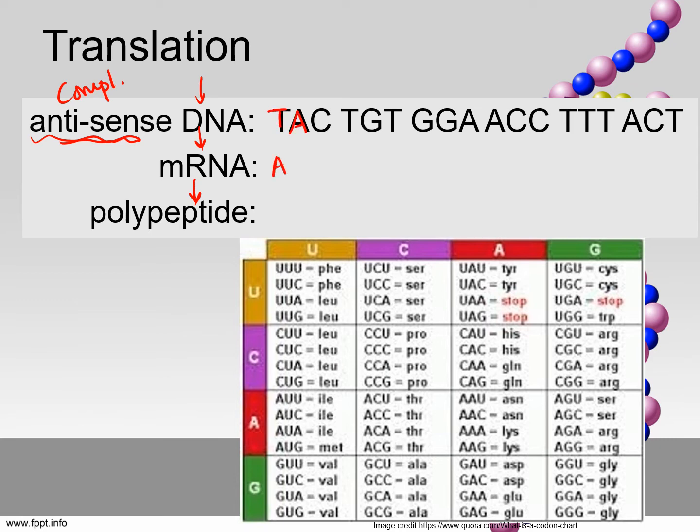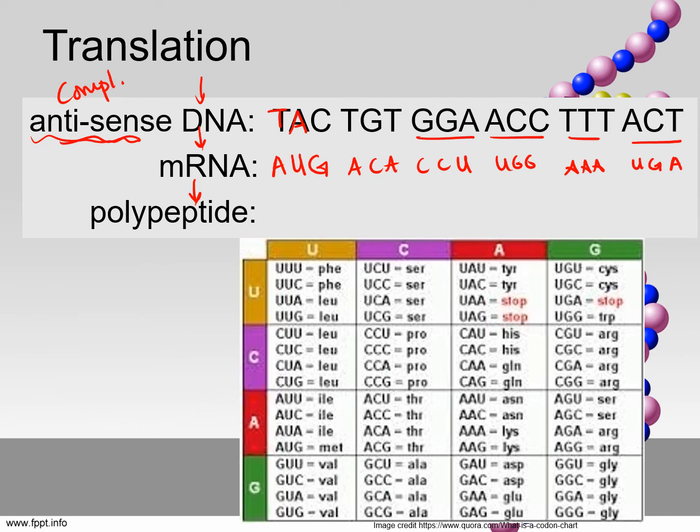An A in the DNA is going to code for, remember, not a T, but a U in RNA, and then a G. And then ACA, GGA is going to turn into CC. Remember that A goes to a U instead of a T. ACC will be UGG, TTT, AAA. And last but not least, we have ACT is going to turn into UGA. So that's our messenger RNA that we made in transcription.